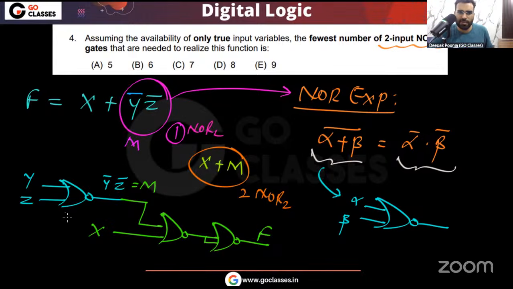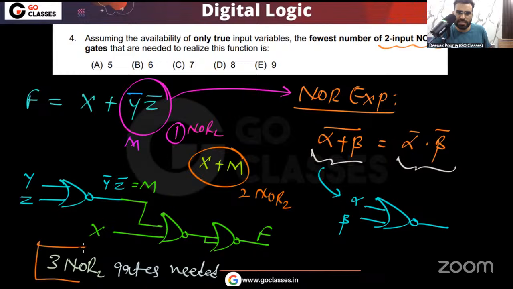So finally, the answer will be what? Three NOR gates are required. Yes or no? Three two-input NOR gates required. And this is the answer because 3 is less than 5.